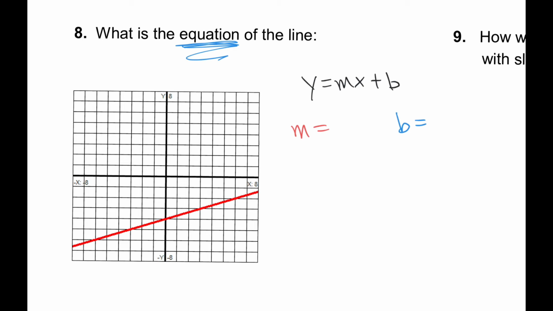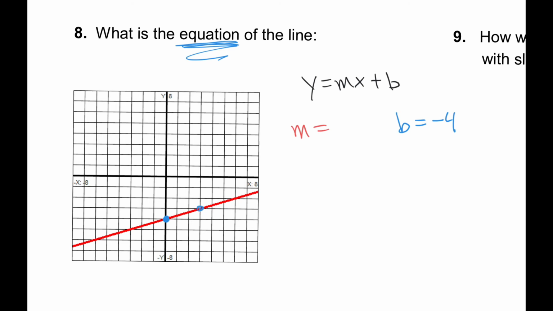So looking at the line here, the y-intercept is going to be at negative, let me go from the origin, 1, negative 1, 2, 3, negative 4. So we have a b value of negative 4. Then you guys are going to find a second point, and I'm looking at this point that is crossing the corner of the box.